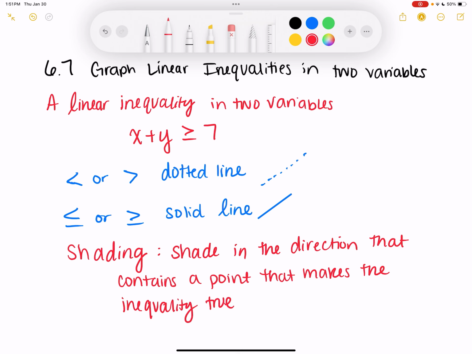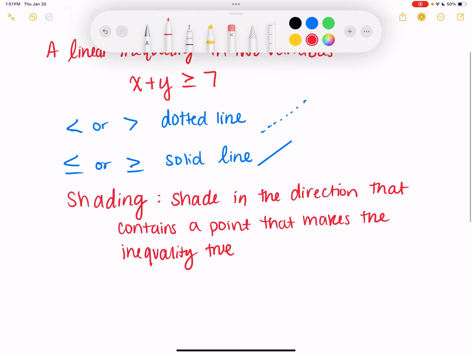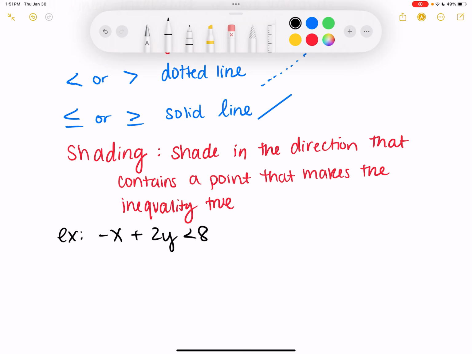So for example, if I gave you negative x plus 2y is less than 8, and I gave you the ordered pair (0, 4), we're going to plug in 0 for x and 4 for y and see if this makes a true statement.